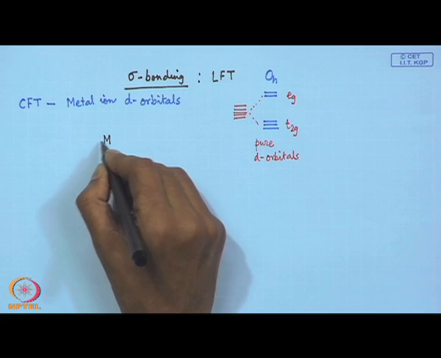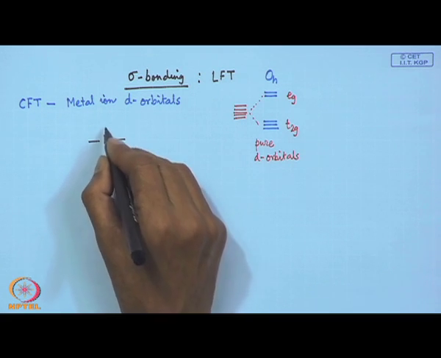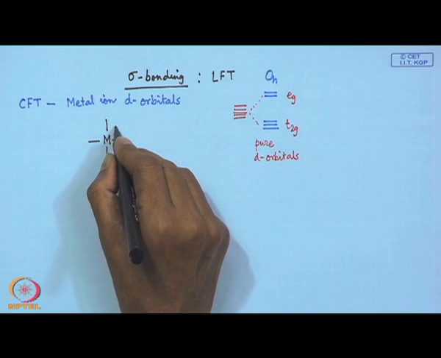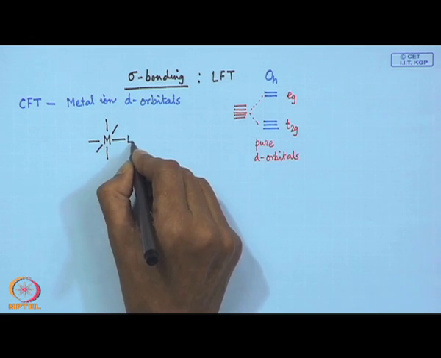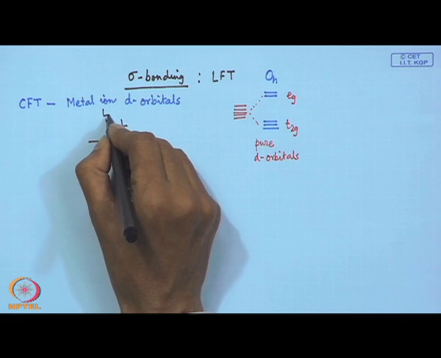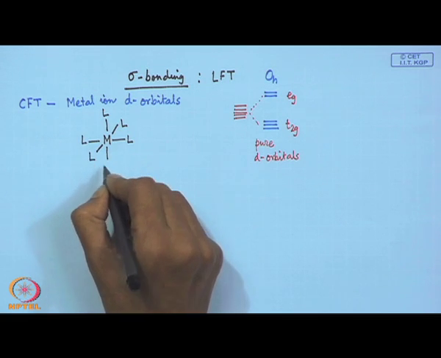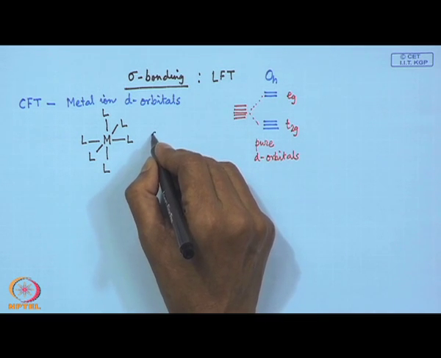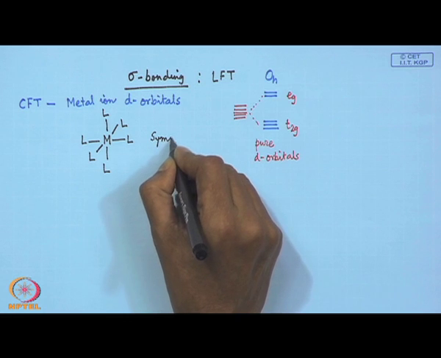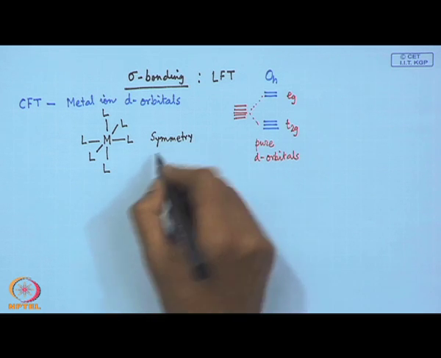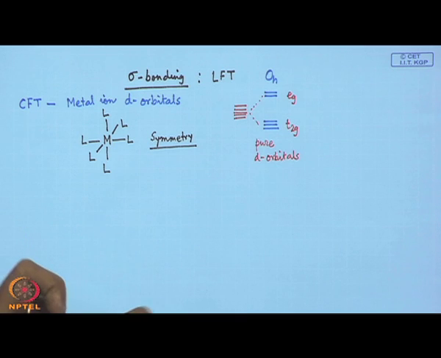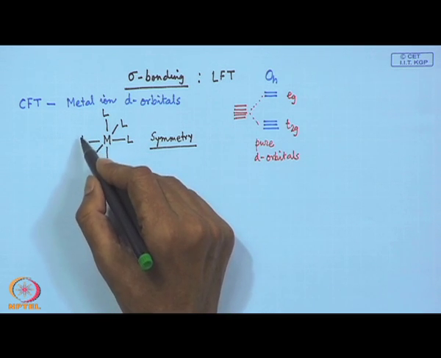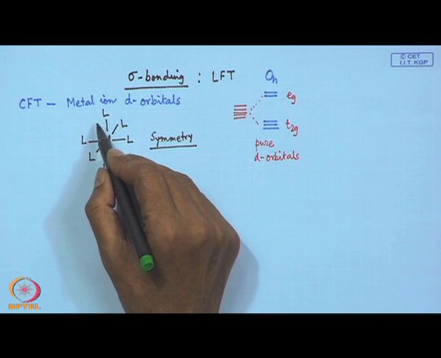So, if we have one central metal ion which is interacting with the 6 ligands in octahedral geometry, we have a spherically symmetric geometry. So, the symmetry, or the symmetrical arrangement of the different ligands, comes into the picture, and how they surround the metal ion.